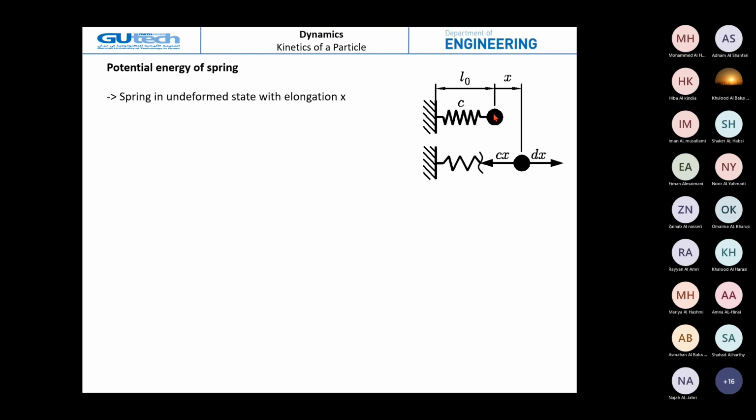The spring has the length L0. If we make the body diagram, we cut, there is the spring force, which is always the spring's coefficient C multiplied by the elongation x. The motion is along the x direction.